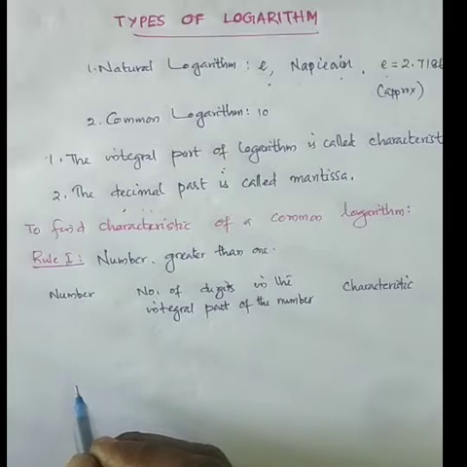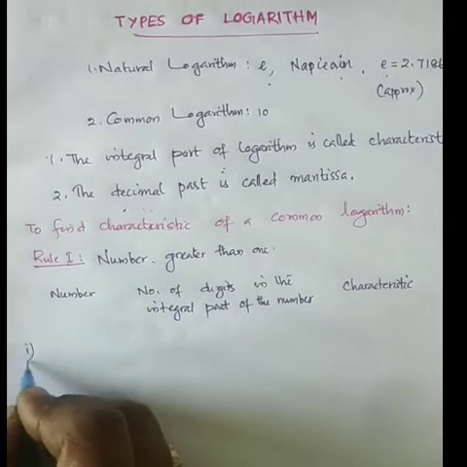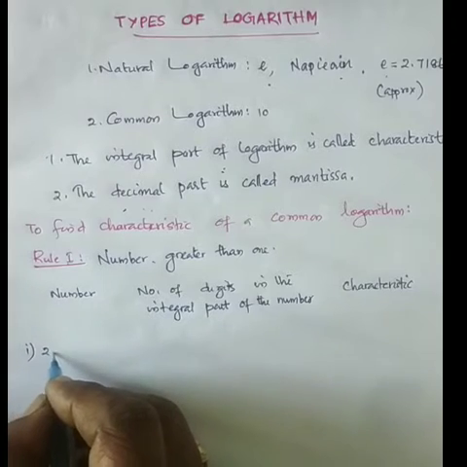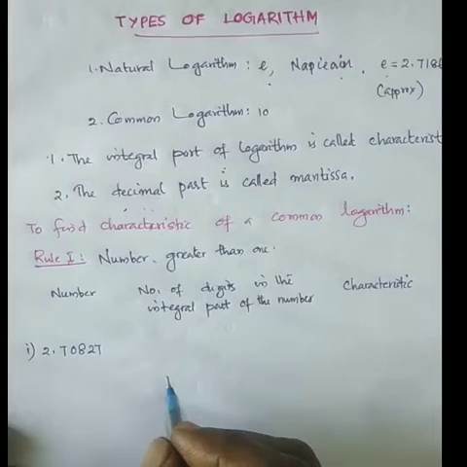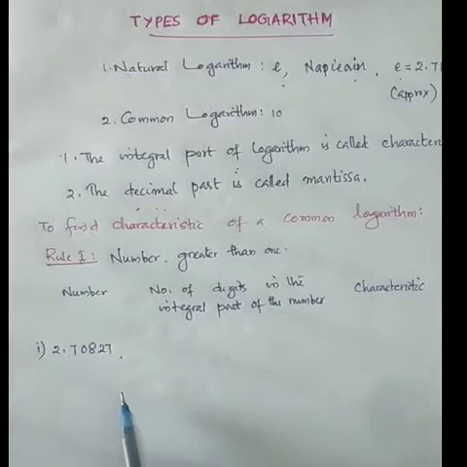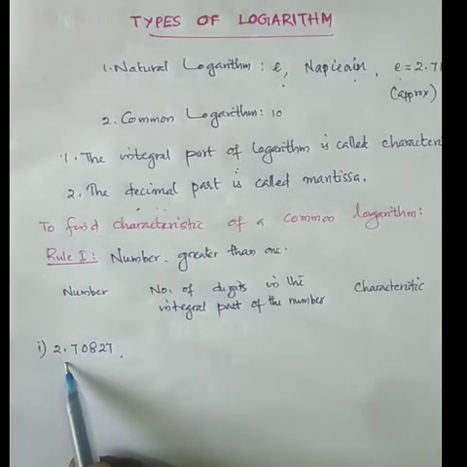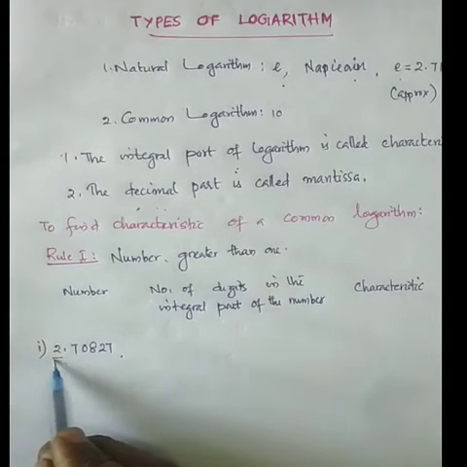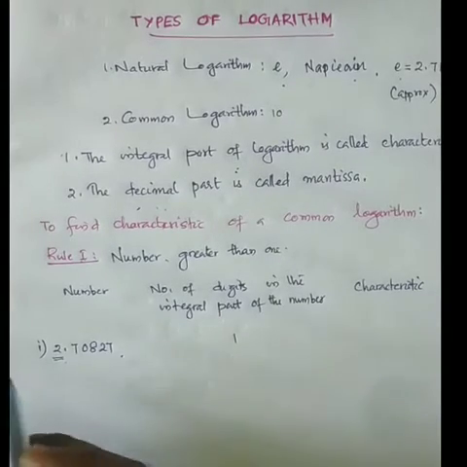See some examples. Let the first number be 2.70827. See, in this number, how many digits are there in the integral part? Here only one digit, isn't it? Only 2.